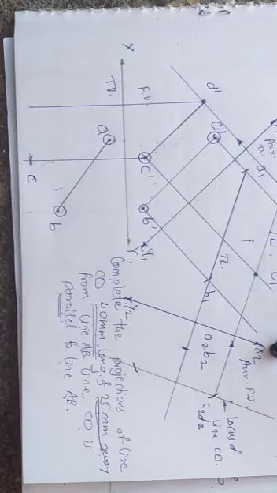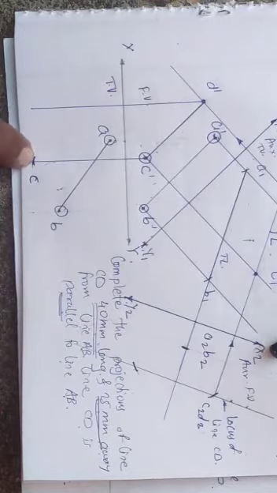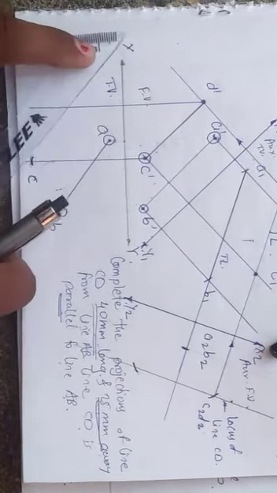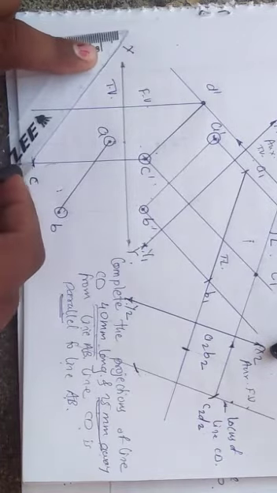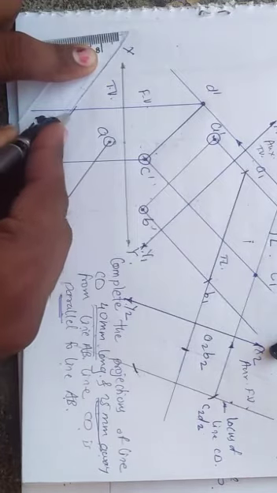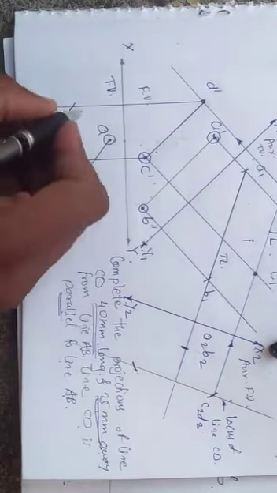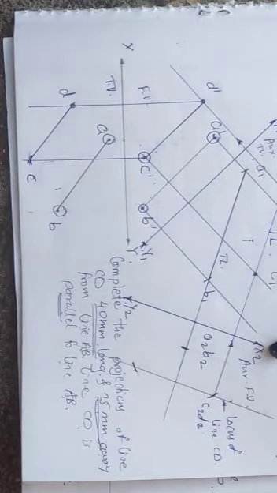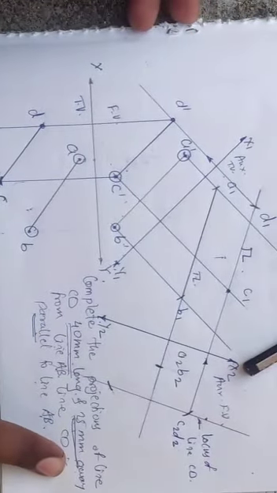Now locating point D. How to locate? From point C, construct a line parallel to line AB here, because the lines AB and CD are parallel to each other. Wherever this line cuts the projector of D, here it is, point D in top view. So this is the complete solution of the problem.